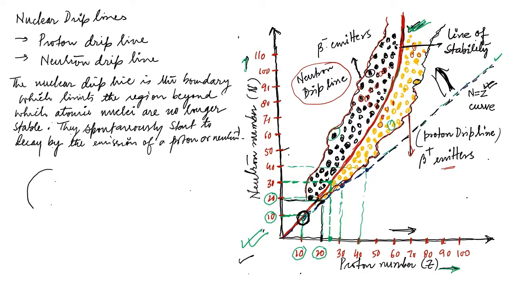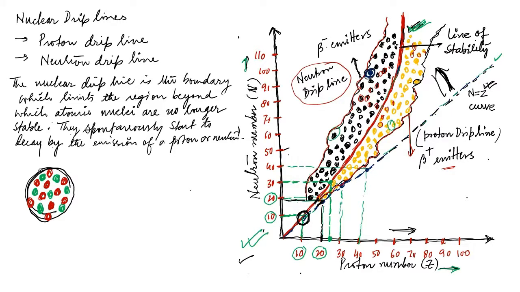So what happens if I have a nucleus around this neutron drip line, that means there are more neutrons? This nucleus has more neutrons than protons, but it is unstable because it is not on the line of stability.